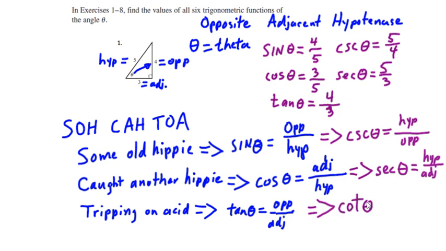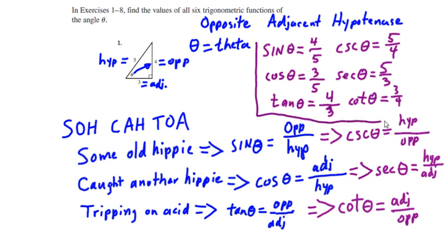So cotangent theta is going to be adjacent over opposite, just the reciprocal of the tangent. So up here we have cotangent theta is equal to, instead of 4/3, we have 3/4. And that's going to be our answers to problem number 1.